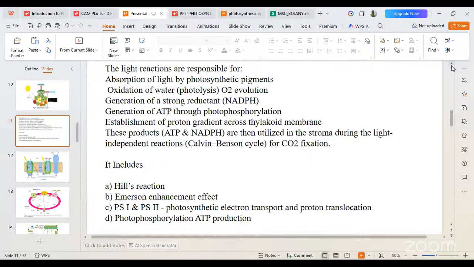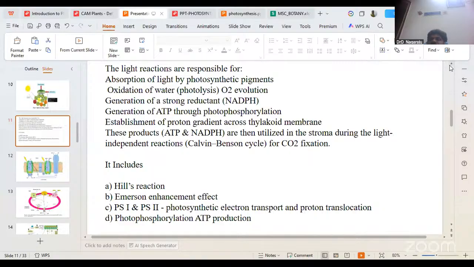In that photosystem one and two, water splits into protons and oxygen, 2H+ and half molecule of O2.